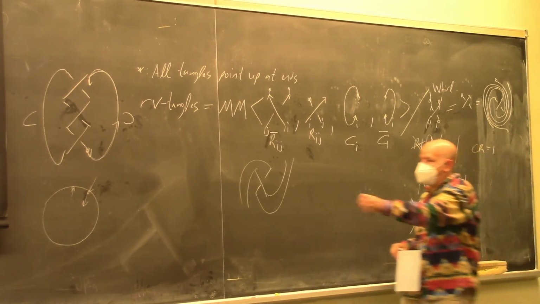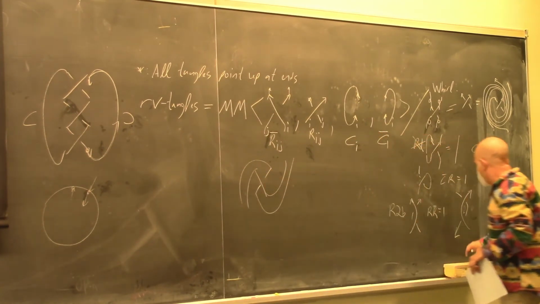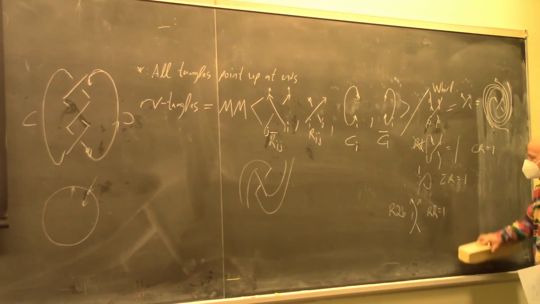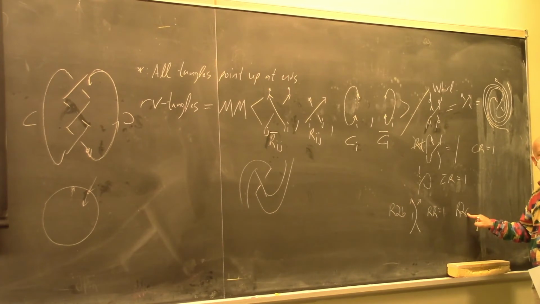You do exactly what I said you do. You whirl it in the right way. Okay, so let me just write what it comes out to be. So R2 cyclic comes out to be the following relation.